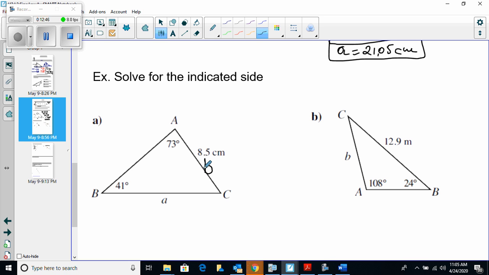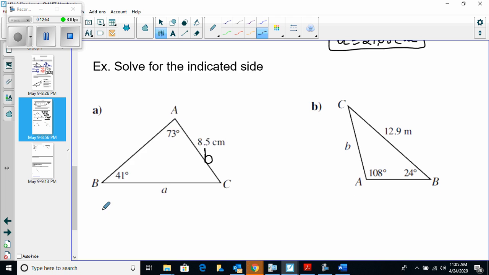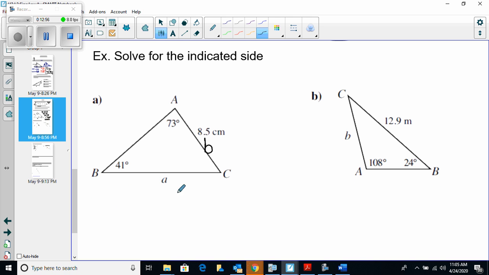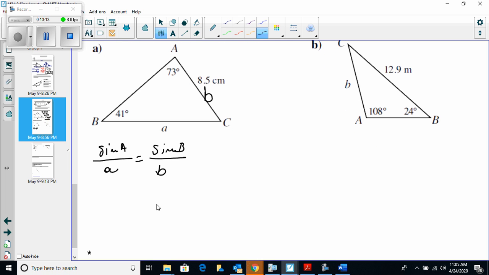The sine law says sine A over A is equal to sine B over B is equal to sine C over C. What I have to use here is sine A over A equals sine B over B, because those are the two sides we are dealing with.